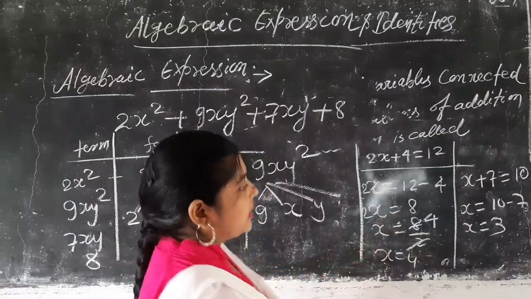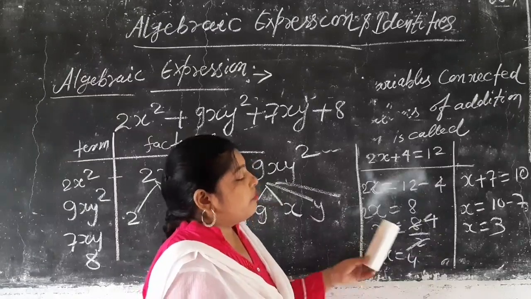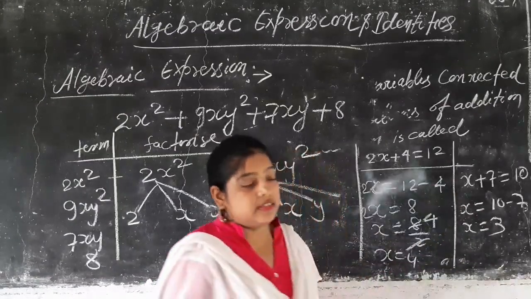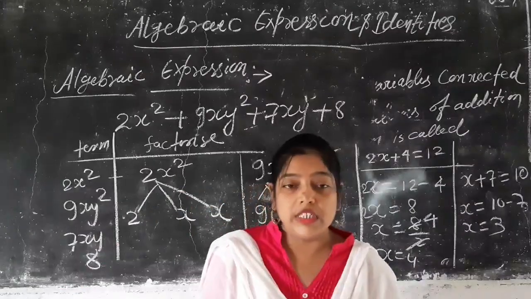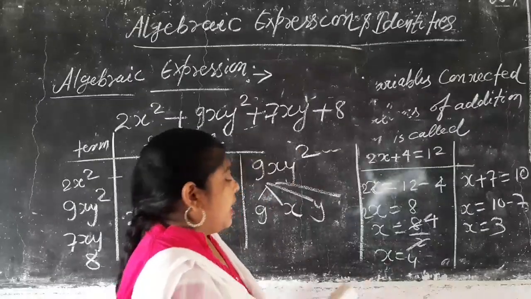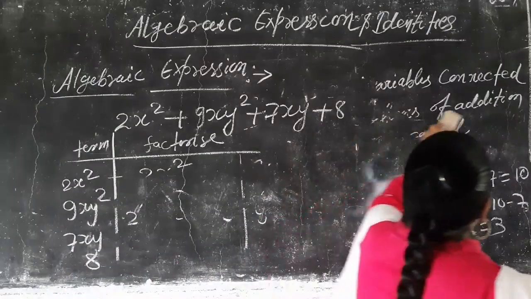So both are examples of variables. We can see the variable changes, while a constant is a fixed value whose numerical value does not change.